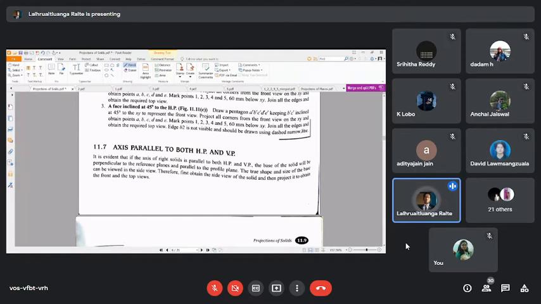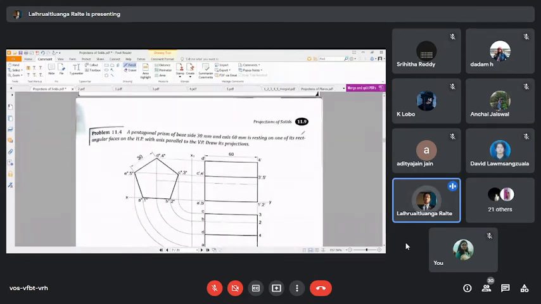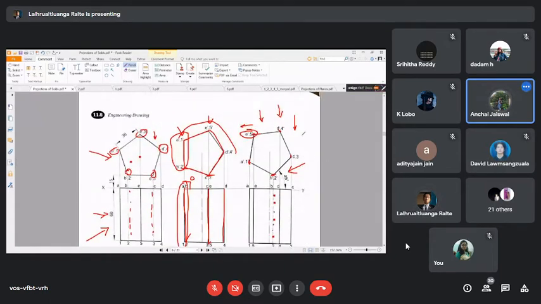So when it is parallel to both HP and VP, now we are going to need a... Sir, I want to ask you something in the previous question. Yes. Sir, why is the line E5 not dotted? Because it is shown behind.